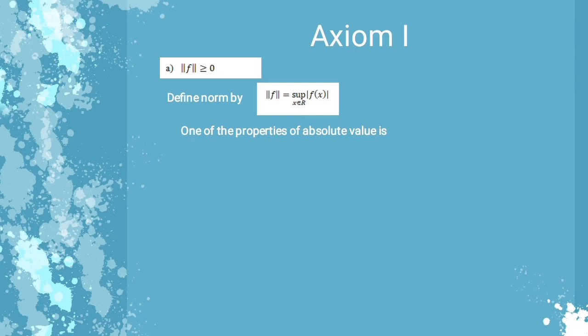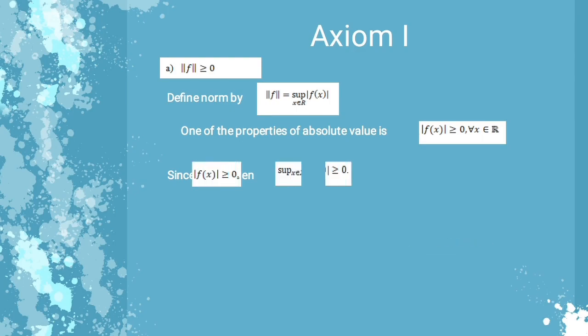We know that one of the properties of absolute value is that it must be greater than or equal to 0 for each x element of R. Since the absolute value of f(x) is greater than or equal to 0, the supremum of the absolute value of f(x) is also greater than or equal to 0. So we can say that the first axiom is satisfied: the norm of all elements must be greater than or equal to 0.